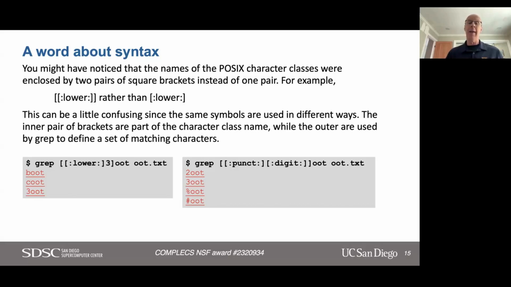And you see on the right, that actually included 2 different POSIX character classes, the punctuation class and the digit class. So, a common point of confusion. Again, make sure that you have those 2 sets of square brackets, and keep in mind that one is part of the character class definition, the other is part of the regular expression syntax.